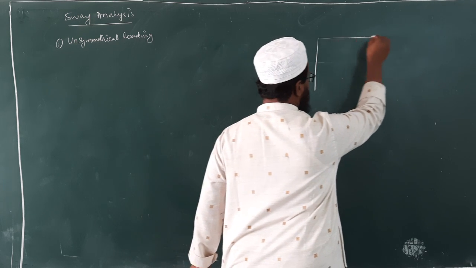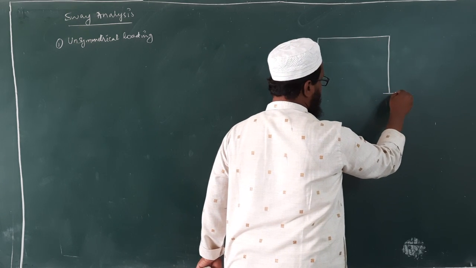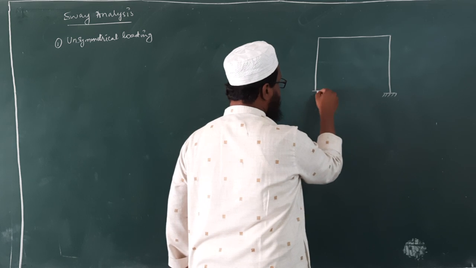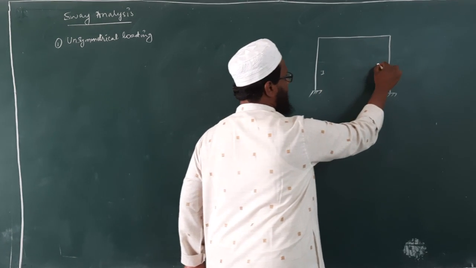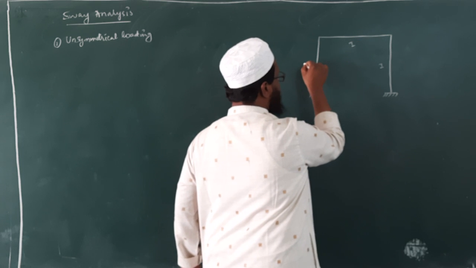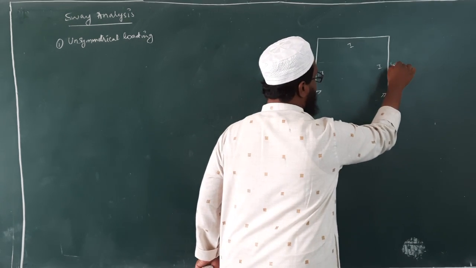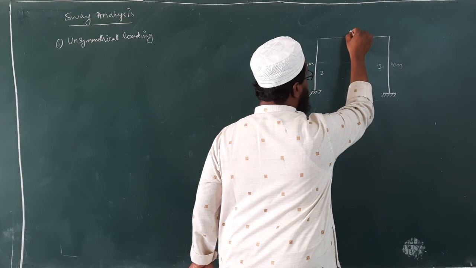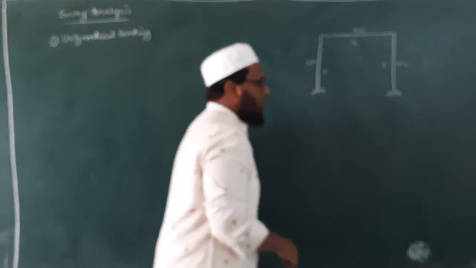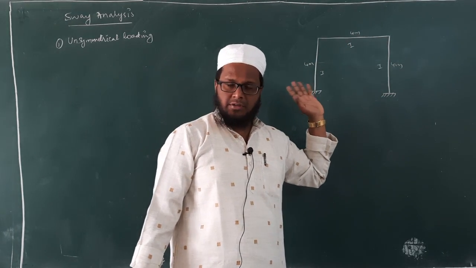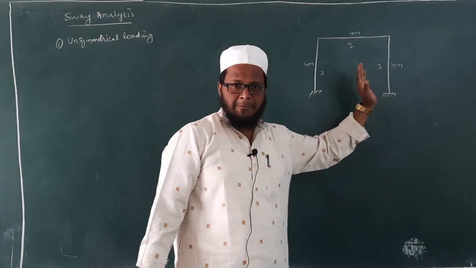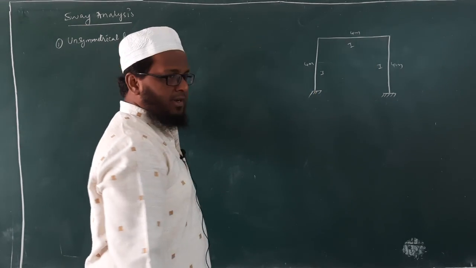This is your frame. Both the end conditions are same. Okay. This is also I. This is also I. This is 4 meters for example. This is also 4 meters and this is also 4 meter or 3 meter. So the entire frame, the dimensions of the frame is same, but if there is unsymmetrical loading.